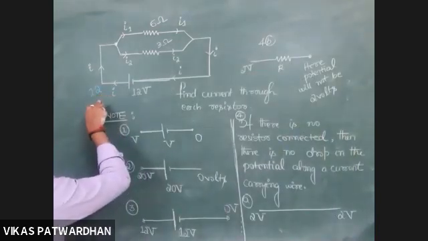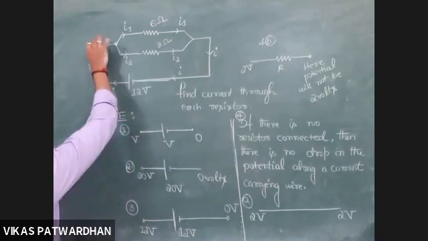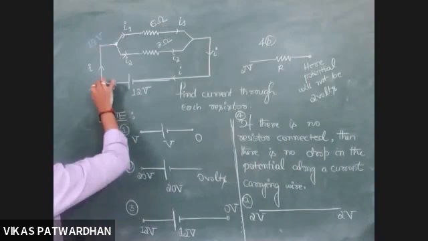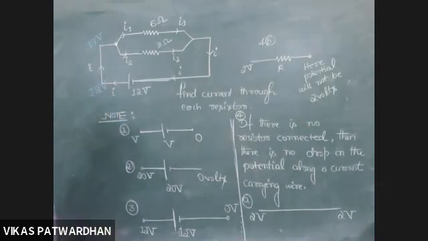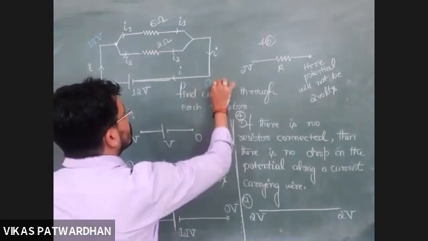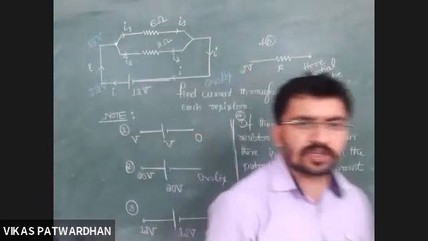Why does 12 come here? Same idea. There is no resistor. Here also I can write 12 volts. This is 12 volts obviously. Is that correct? Yes. Here it is 0 volts. Why 0 volts?